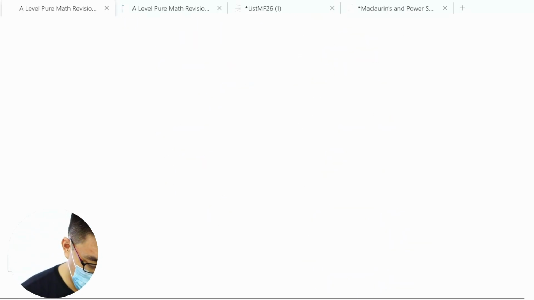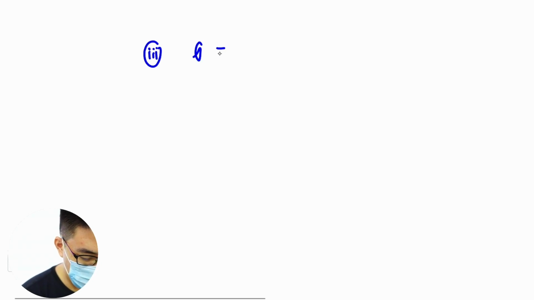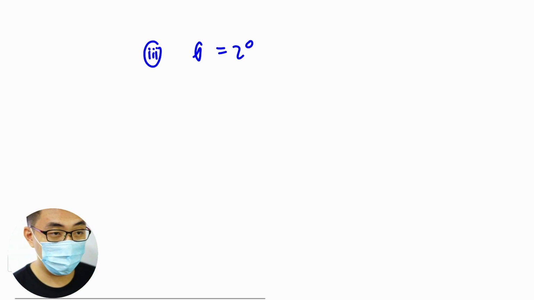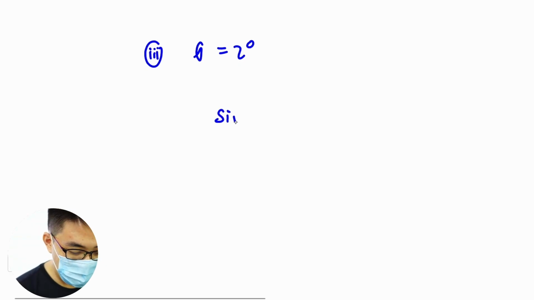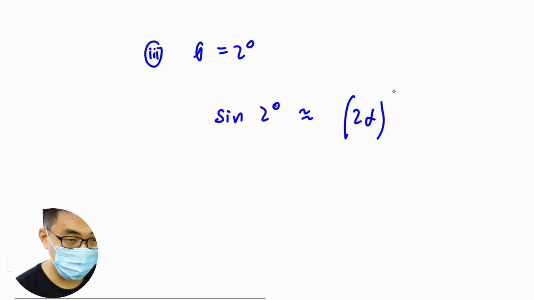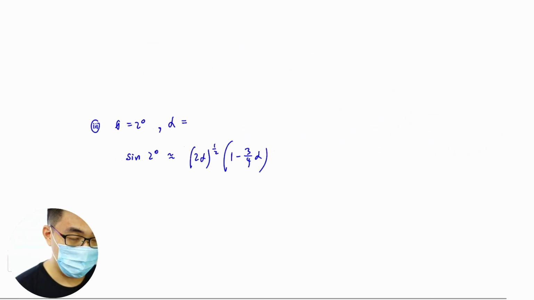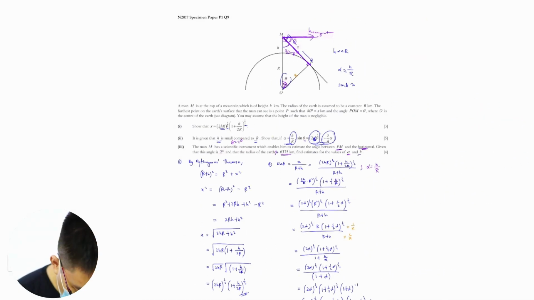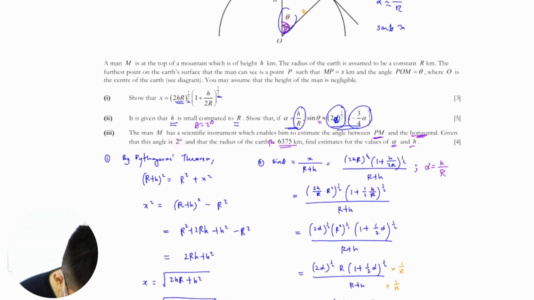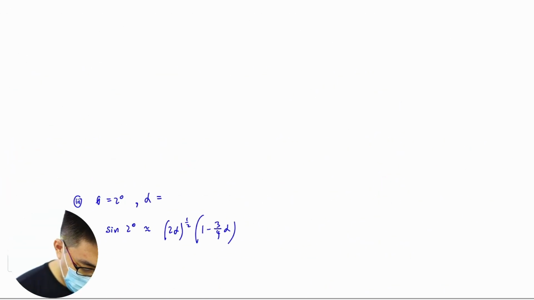So we need to know is now 3. Theta is 2 degrees. Now make sure your calculation change to degrees. Sine 2 degrees is equals to, and we know that alpha is actually equals to h over r.